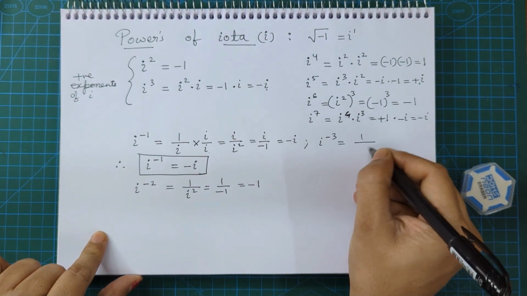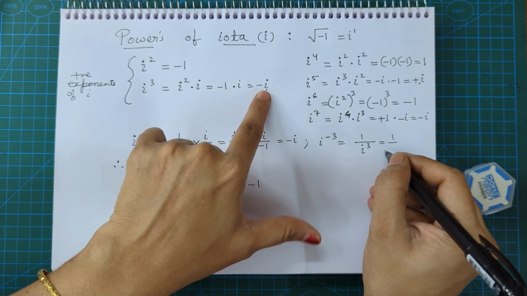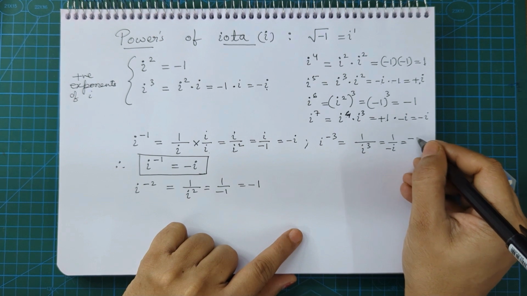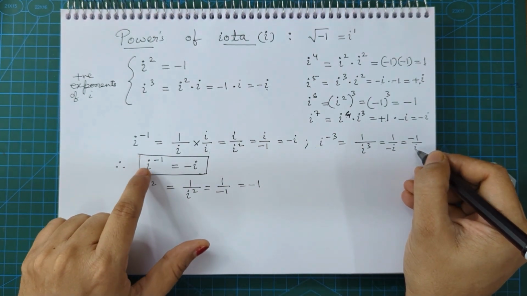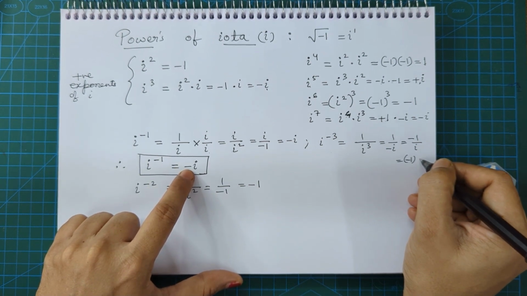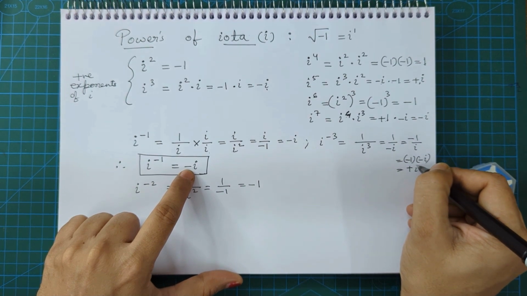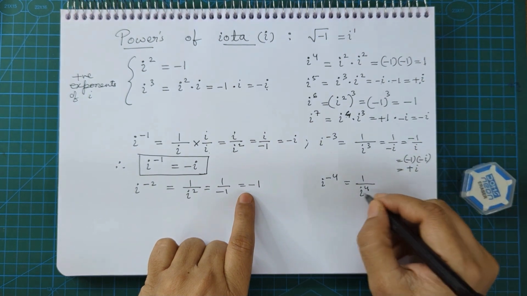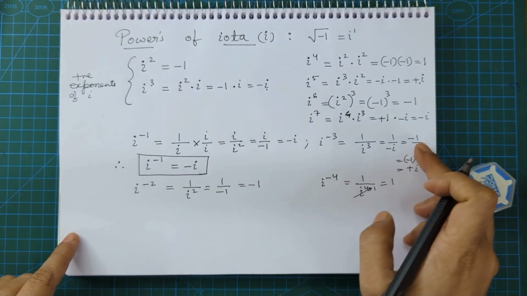That is 1 by i cube. i cube is negative i, so this is overall negative 1 by i. 1 by i is i inverse, which is negative i. So negative of negative is positive i. Then i to the power negative 4 is 1 by i to the power 4. i to the power 4 is 1, so 1 by 1 is 1. Now here also you see the symmetry.